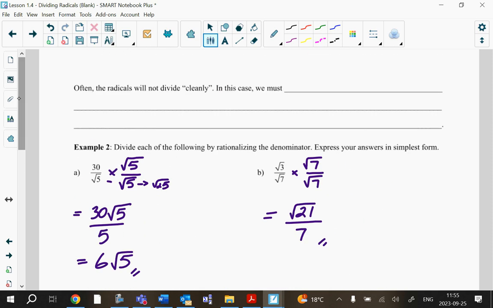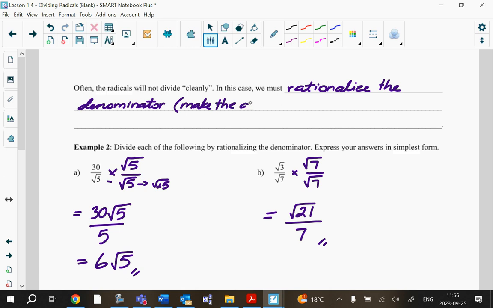When we can't divide radicals cleanly, we must, what's called, okay, this is the phrase that's used, what we just did in all these questions: rationalize the denominator, or make the denominator into a non-radical by multiplying.